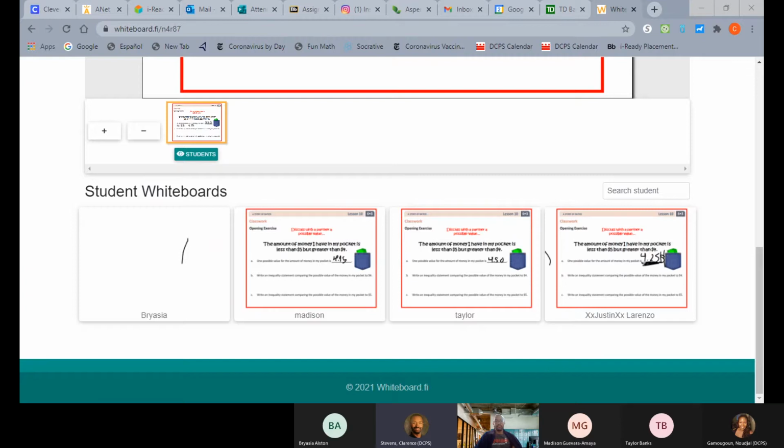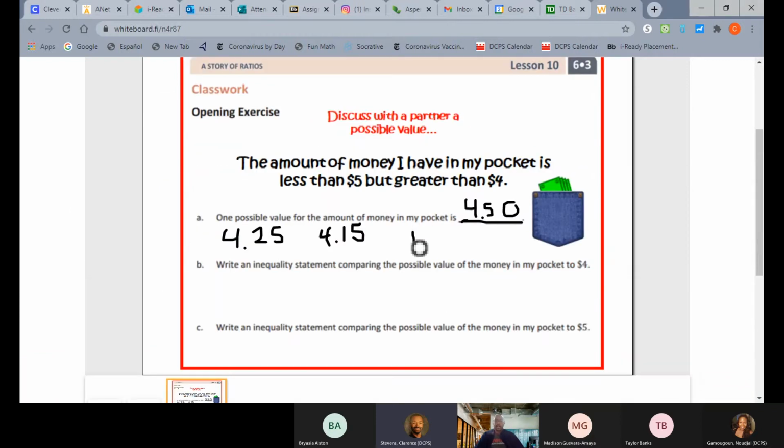What do you think, Briasia? Okay. Well, how about this, Briasia? Would 475 work? Is 475 less than 5?